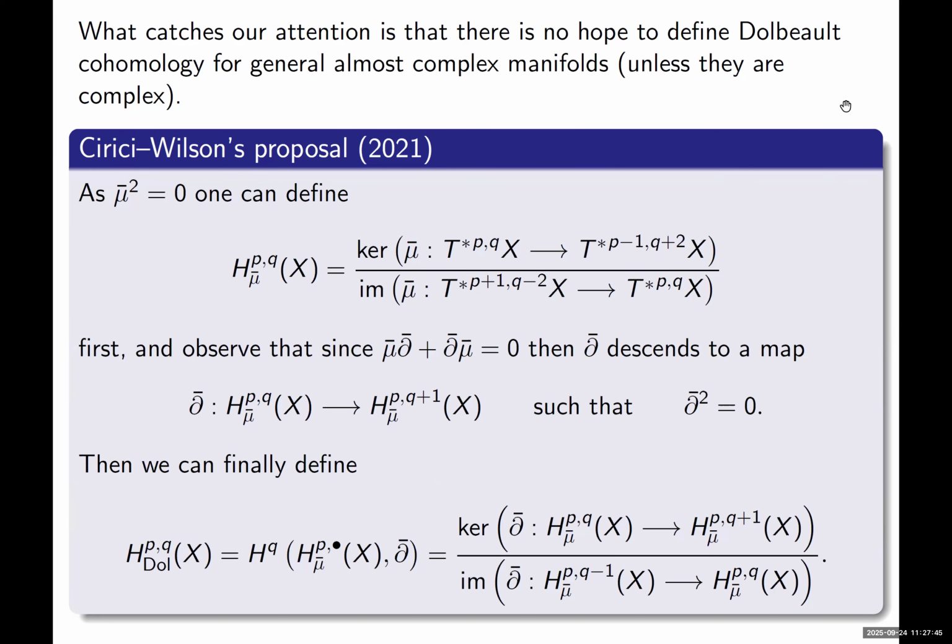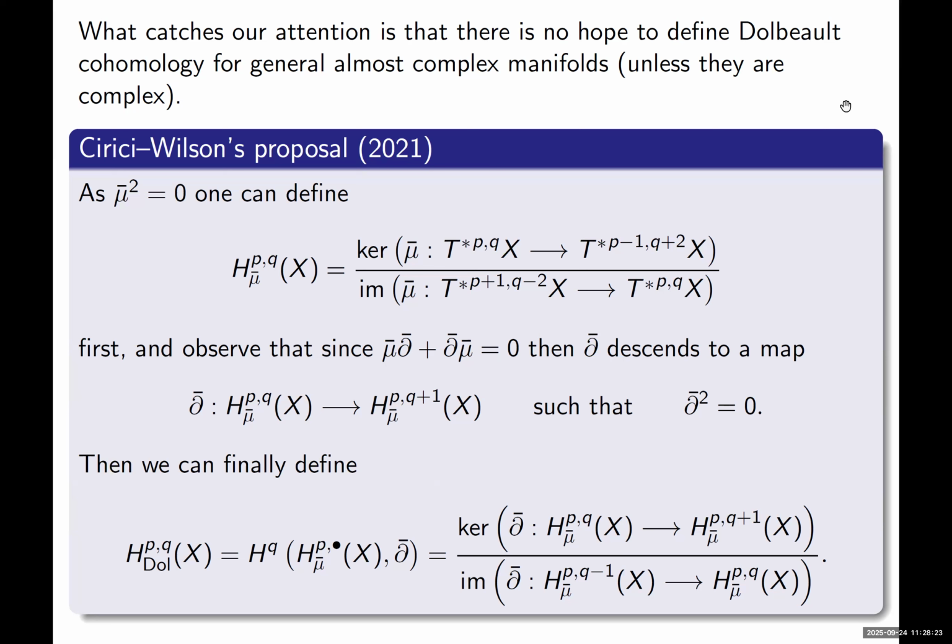So as mu bar squares to 0, the first thing we can do is use it to compute a mu bar cohomology. So it's the kernel of mu bar over the image of mu bar, as usual. But then, since mu bar and del bar anticommute, del bar descends to the mu bar cohomology, inducing a map, which we call, as usual, simply del bar. And because of the last relation, on the mu bar cohomology, del bar squares to 0.